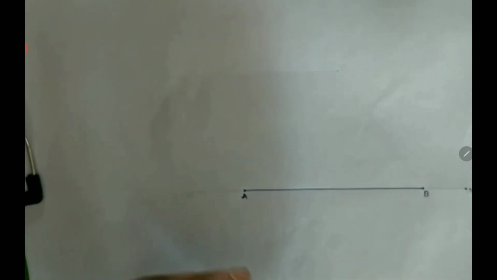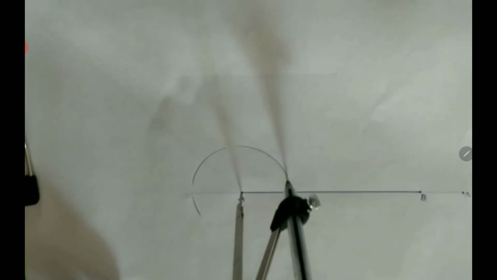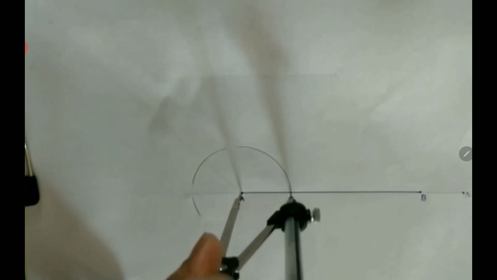Now at A construct 120 degree angle, that is the same method as 60 degree angle. With A as a center, draw an arc of convenient radius to intersect AB at one point.